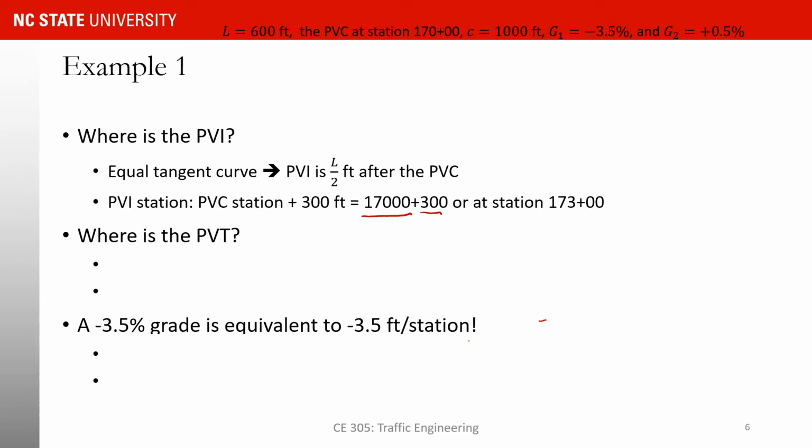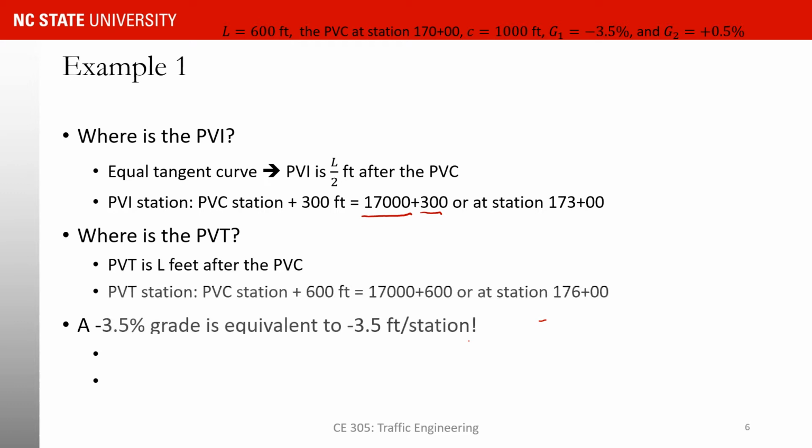Now we want to find the station of PVT. We know that PVT is again L over 2 feet to the right of PVI. So you can either add 300 feet to the station of PVI, or we know that PVT is L feet after the PVC.